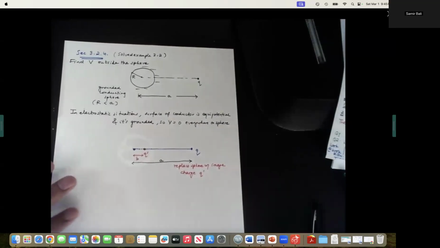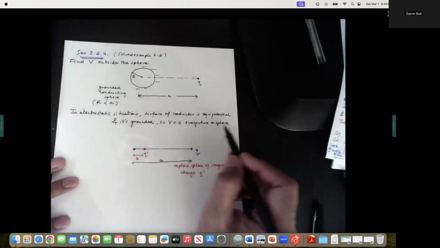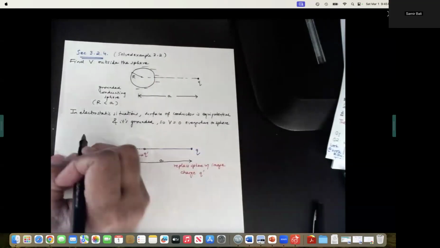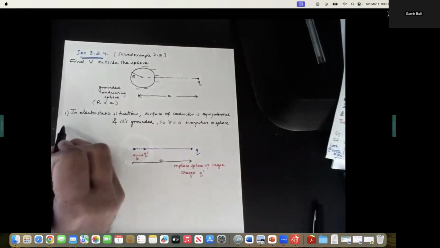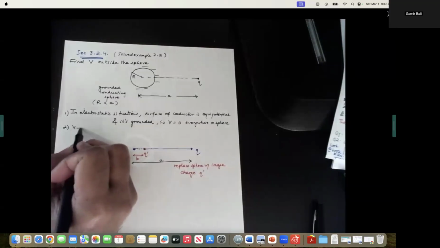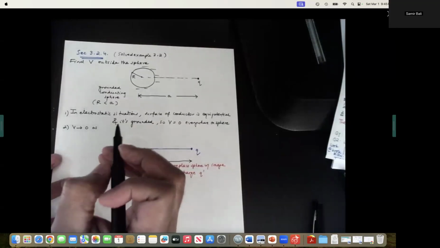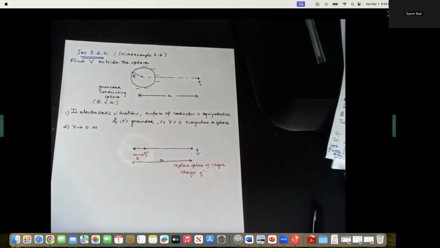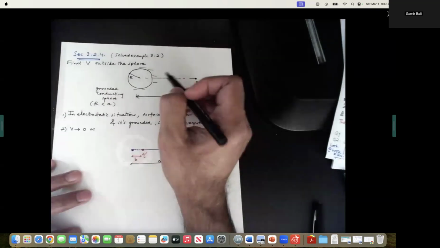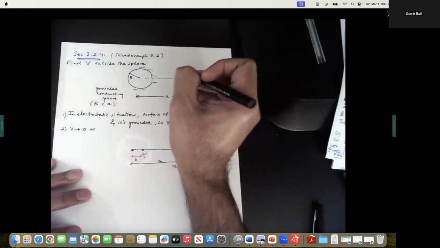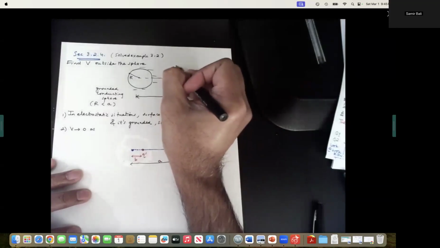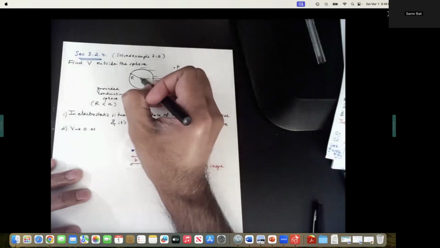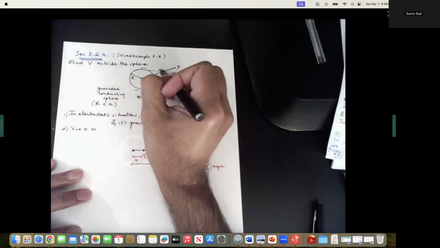Now the boundary conditions are V equals 0 everywhere on the sphere. So this is the first boundary condition. And the second boundary condition, as usual, is that V should go to 0 as the distance of the point, let's say we're finding V outside the sphere, here at this point P, located at a certain distance.